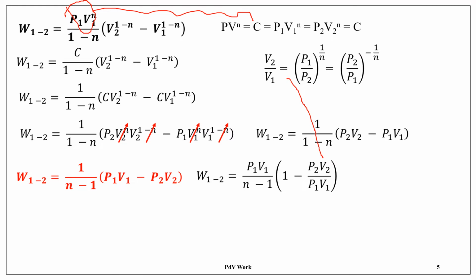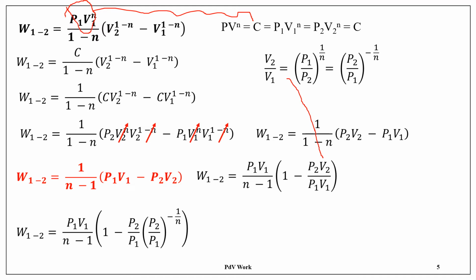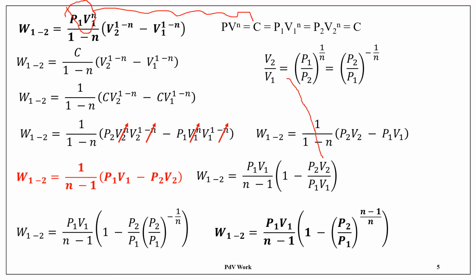We will get this one. Upon simplification, it gives you a relation like this. So this is the final expression to calculate the work done during a polytropic process.